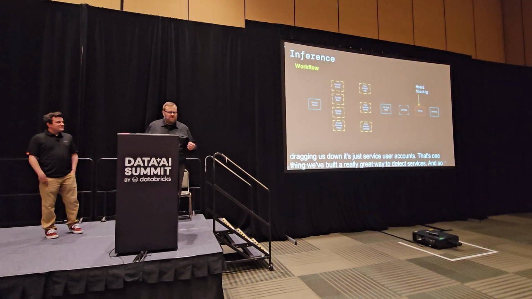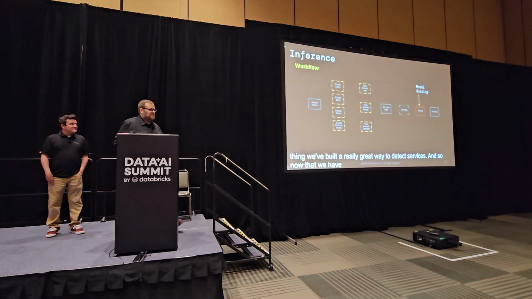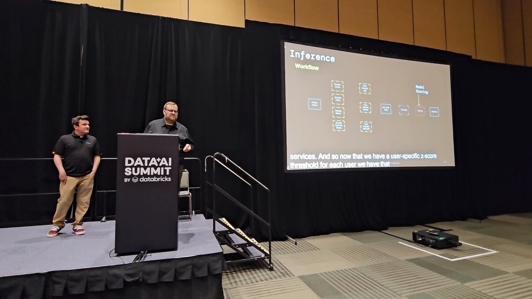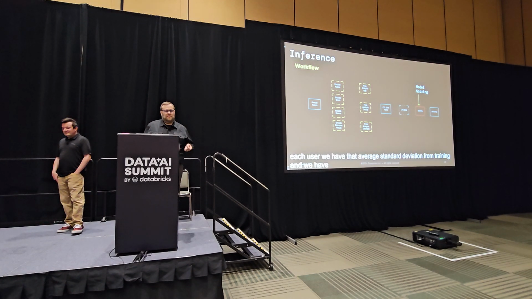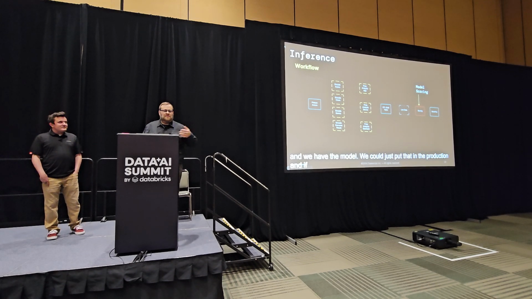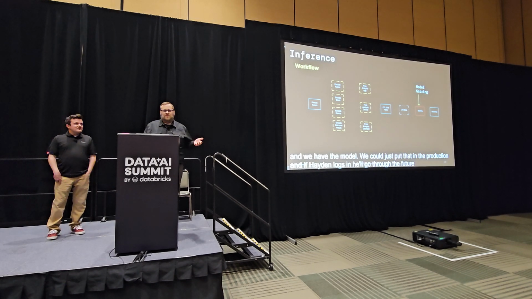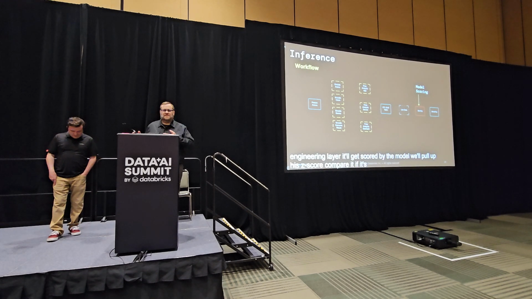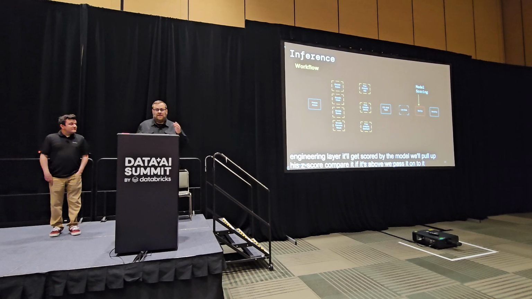Now that we have a user-specific z-score threshold for each user, we have that average standard deviation from training, and we have a model, we can just put that into production. If Hayden logs in, his login will go through the feature engineering layer, get scored by the model, we'll pull up his z-score and compare it, and if it's above the threshold, we pass it on to an analyst.